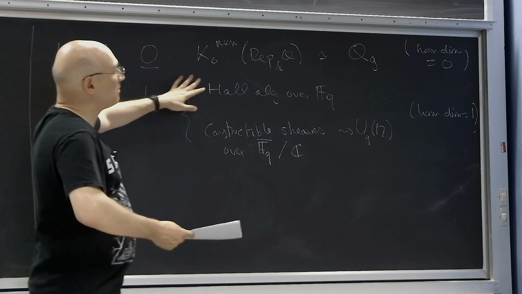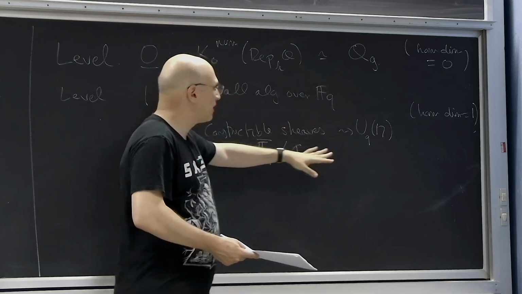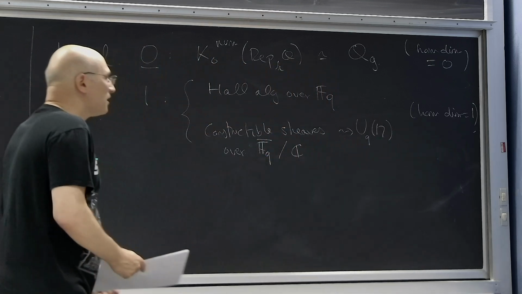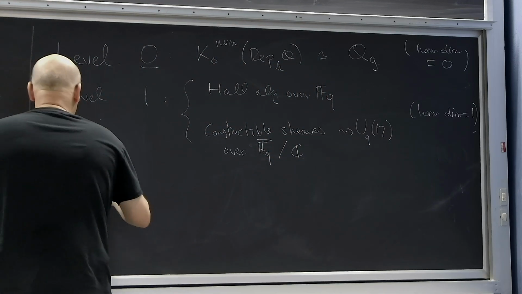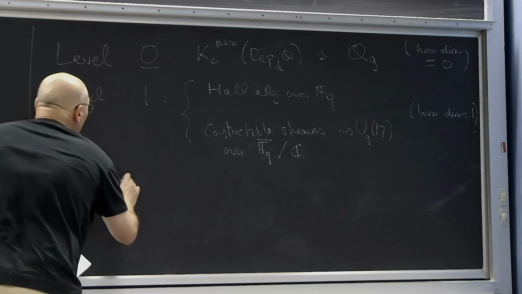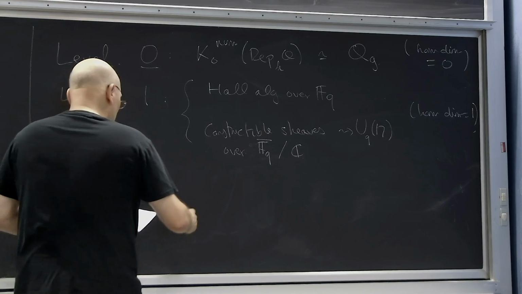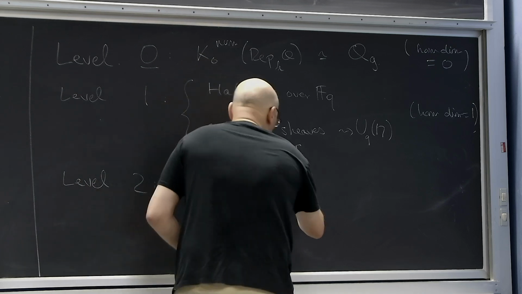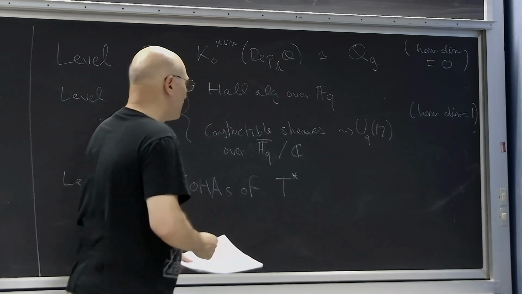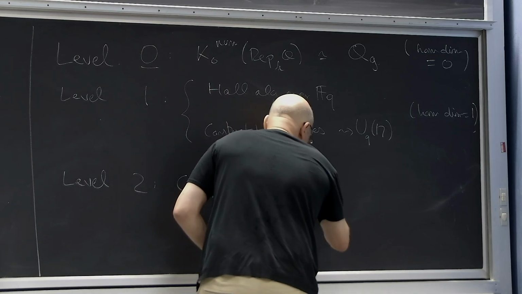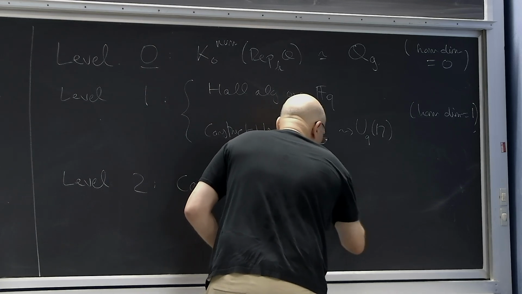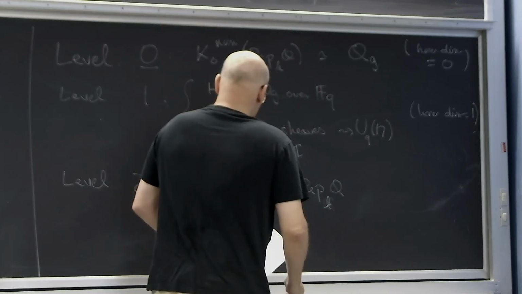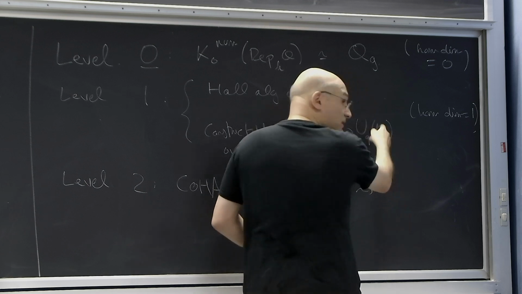So level 0, we just get combinatorics, just the numbers. Then level 1, we consider some things related to homological dimension 1. We will get the quantum group. And then there's level 2, which is where the CoHAs exist. And this is where we consider CoHAs of the cotangent of the category of Rep K. And this will produce a more interesting object than the quantum group.